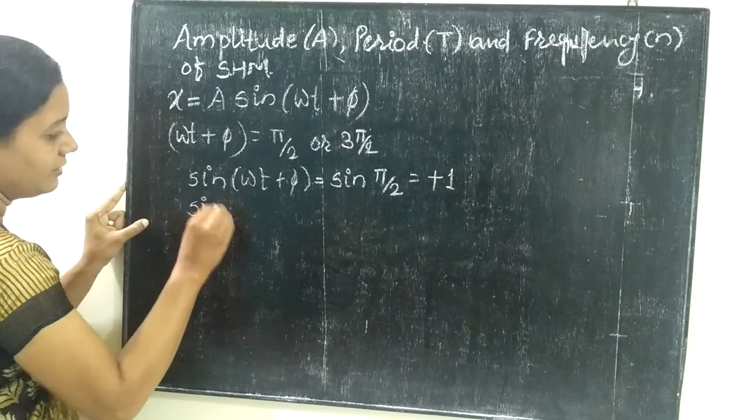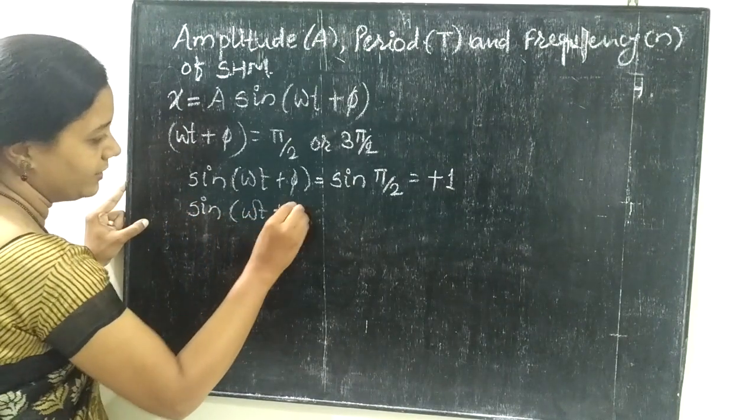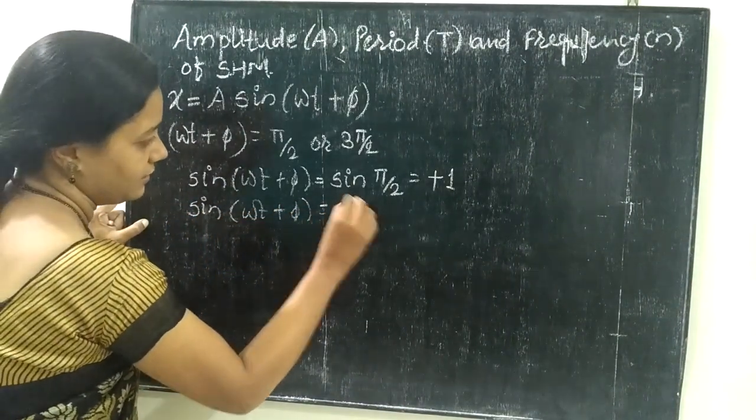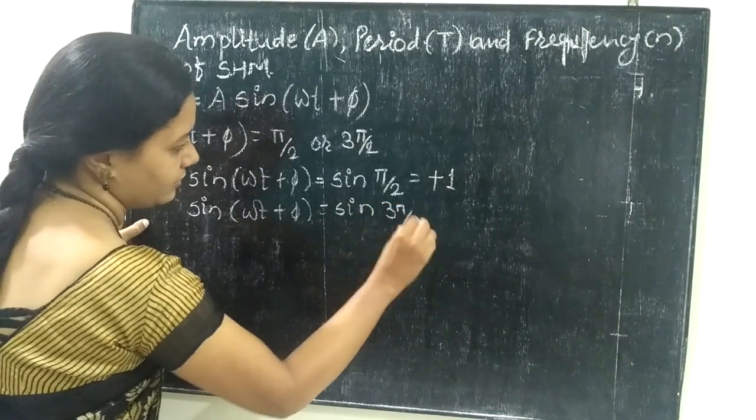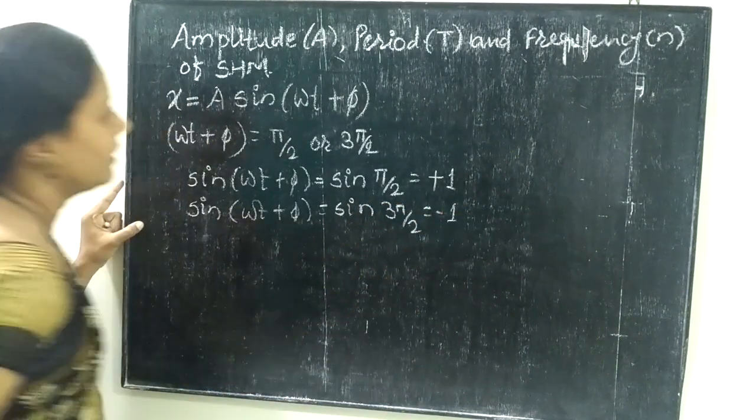And when sine(omega t plus phi) equals sine 3 pi by 2, we get the value minus 1.